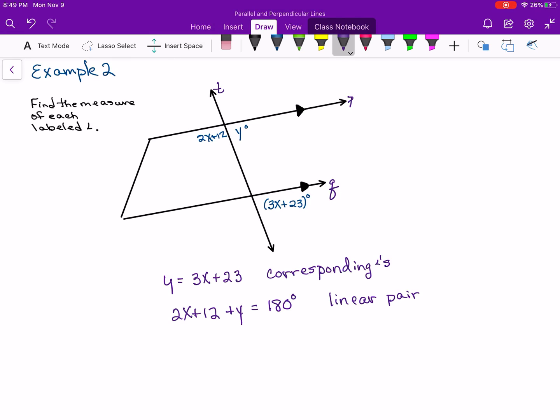Well, take a look at what we have. Since we know that y is 3x plus 23, we can take this value for y and substitute it in for y into our second equation. And it looks like we'll have something that we can solve.